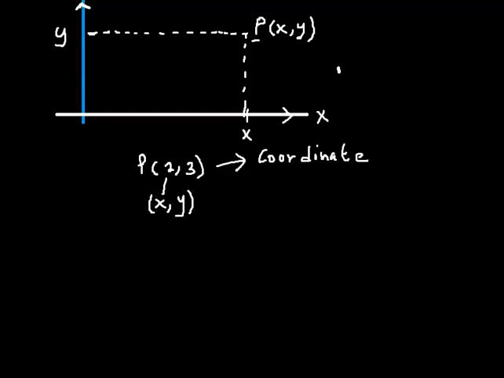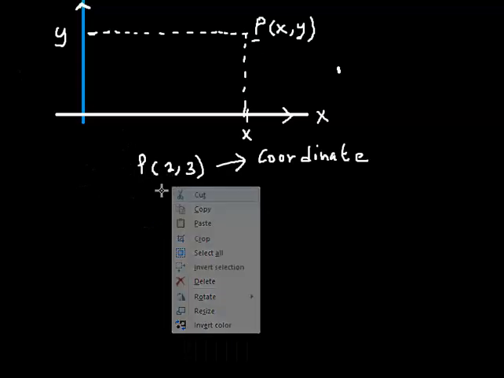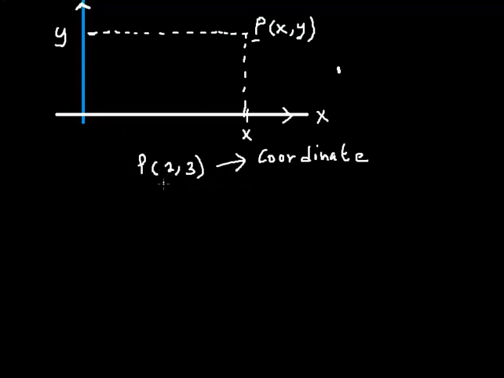So as I was saying, let's say you are asked to locate the point (2, 3) in a rectangular coordinate system. That simply means you have to trace the point 2 from your horizontal axis, and trace the point 3 from the vertical axis.